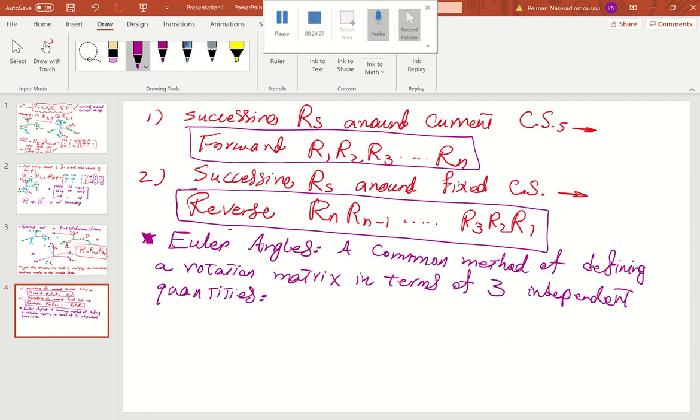Okay, so this is another way of getting a rotation matrix.